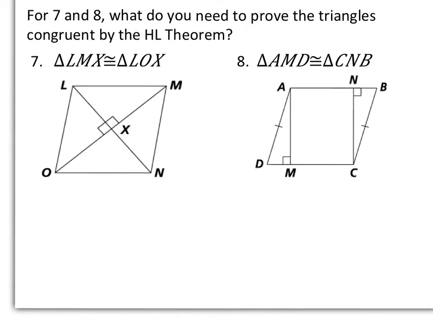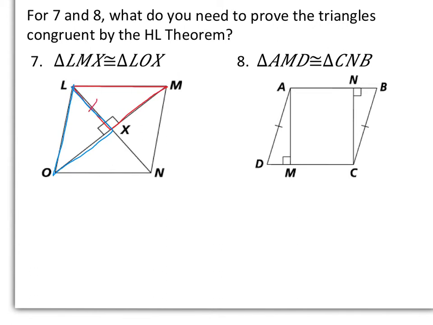For 7 and 8, it says, what do you need to prove the triangles congruent by the HL theorem? So number 7, we're looking to see why triangle LMX, so this triangle here, is congruent to triangle LOX. Let me use a different color. All right, so we do know that LX is congruent to itself.